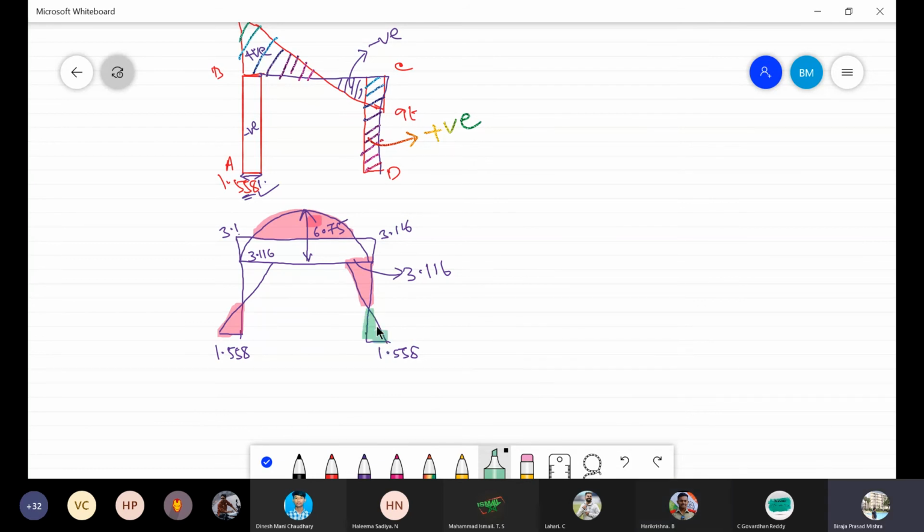So this part will be negative. This part will be again negative, the opposite ones. Okay.